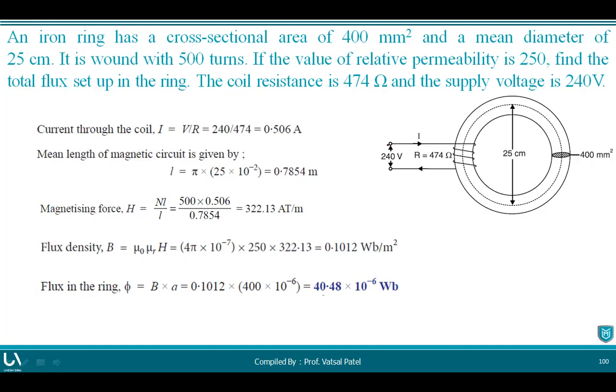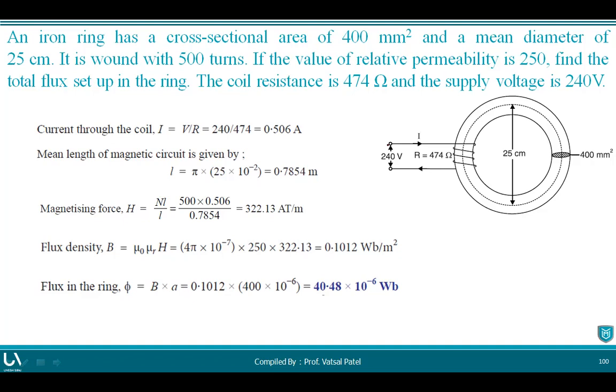Now the flux density equation, again from the previous discussion, is B equal to mu 0 mu r into H. Mu 0 is equal to 4 pi into 10 raised to minus 7, which is a constant. Mu r is equal to 250, which is also given in the example question, and H we already identified as 322.13.